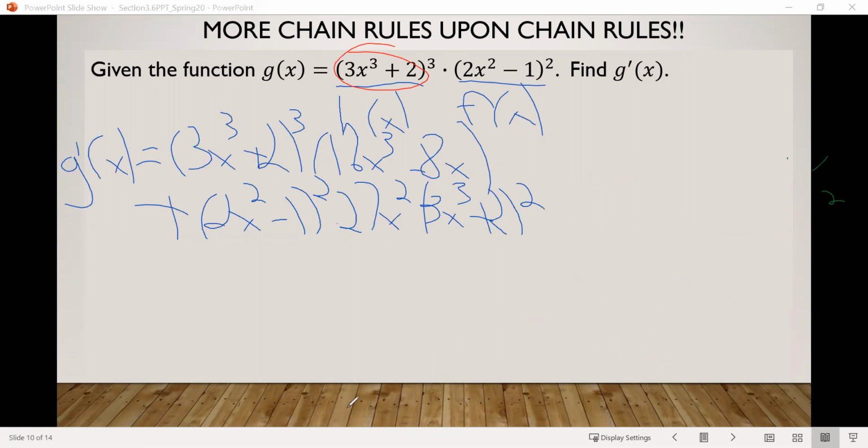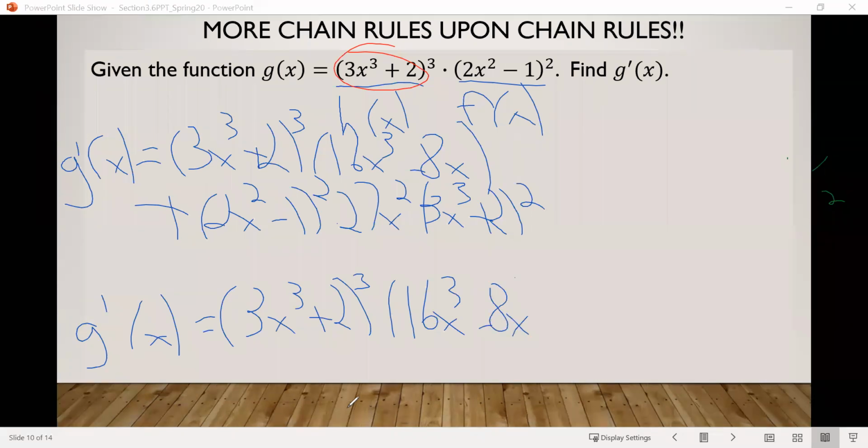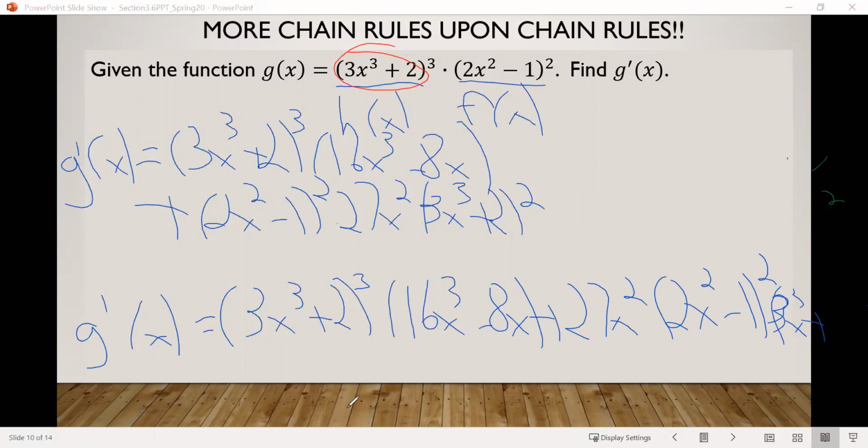But if we write everything out, g prime of x we can write as 3x cubed plus 2 cubed times 16x cubed minus 8x plus 27x squared times 2x squared minus 1 squared times 3x cubed plus 2 cubed. Sorry, that should be squared.